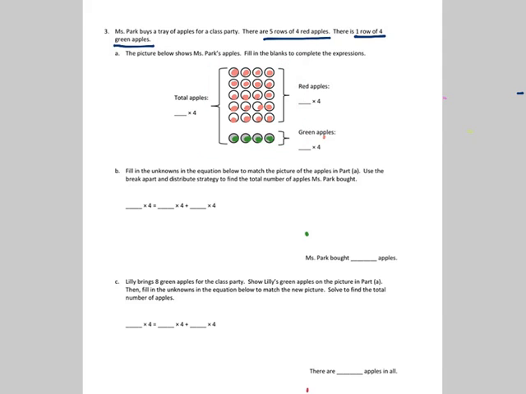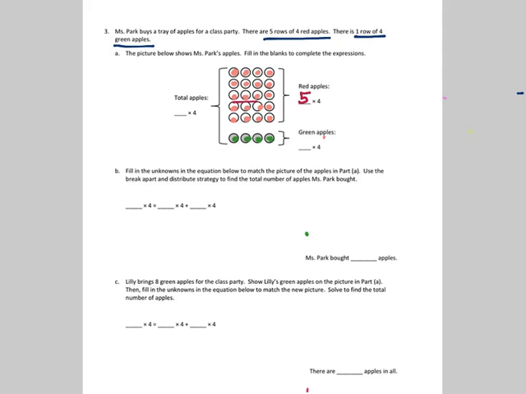Okay, so what is the total? The red apples and the green apples together are the total, right? So we have to add the red apples with the green apples. Let's do it. How many rows of red apples are there? 5 rows of red apples.